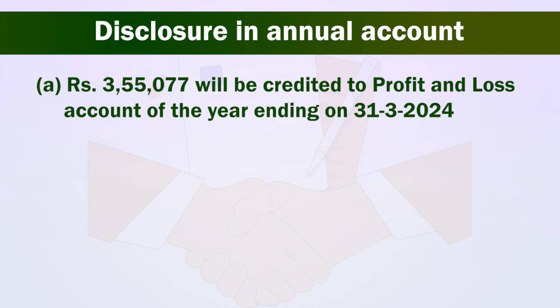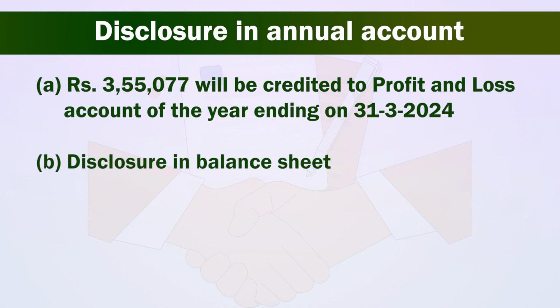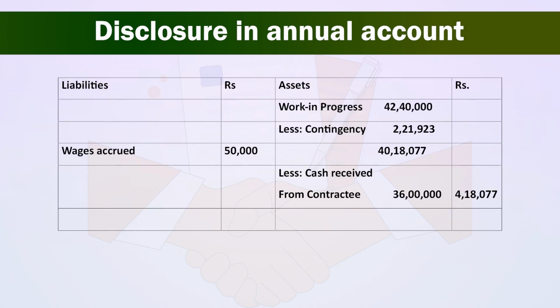First, rupees 3,55,077 will be credited to profit and loss account of the year ending on 31st March 2024, and the disclosure in balance sheet as assets and liabilities. On asset side, work in progress account 42,40,000 less contingency 2,21,923, giving amount of rupees 40,18,077.